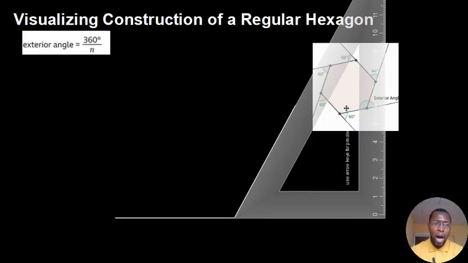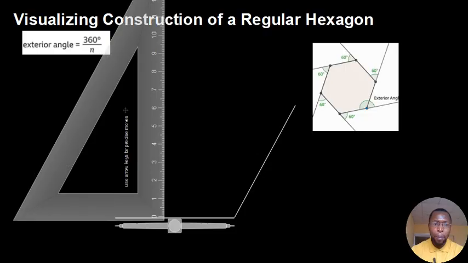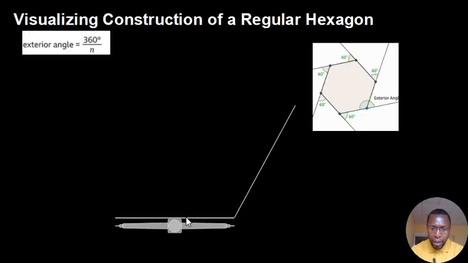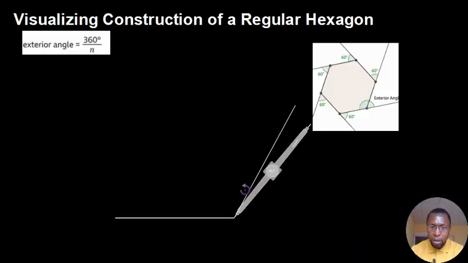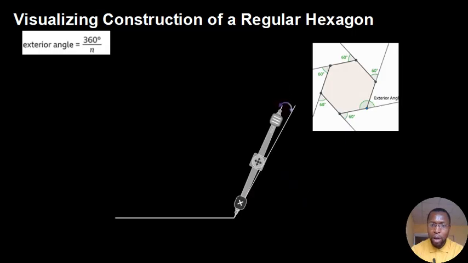Very simple. I will just pick up my compass. This is my compass here. I'll pick it up. I will adjust it to the length of the first length I've drawn. Okay, I can take away my set square and then take the center of my compass, put it at this tip here, rotate it, okay, and then I will now mark this top.